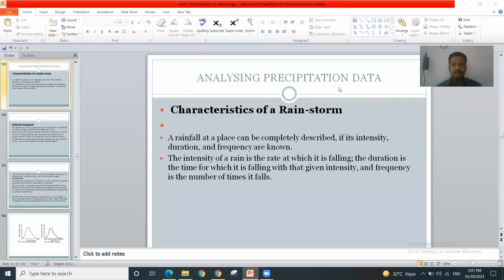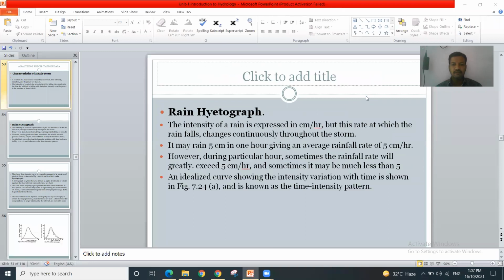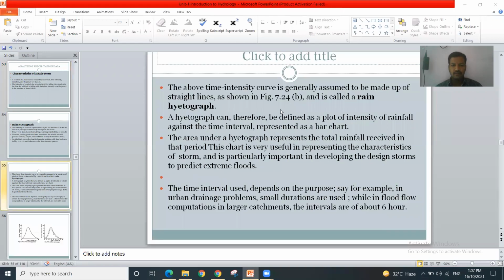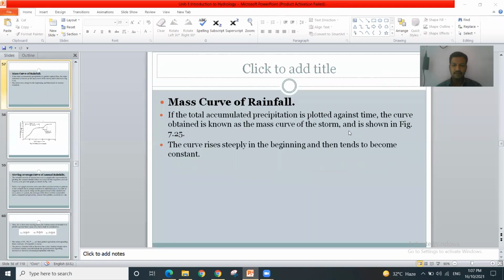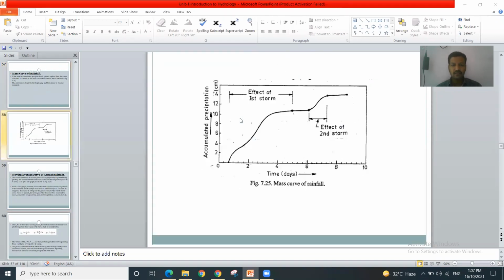The analysis of precipitation data. You have seen the rain hydrograph, the curve which is drawn between rainfall intensity and time in hours, and the mass curve of rainfall, the curve which is plotted between accumulated precipitation in centimeters and time in days.